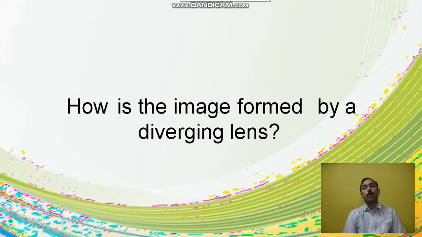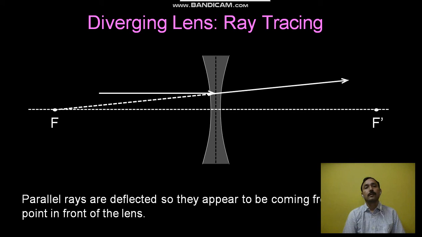How is the image formed by a diverging lens? Ray tracing. Parallel rays are deflected, so they appear to be coming from the focal point in front of the lens.